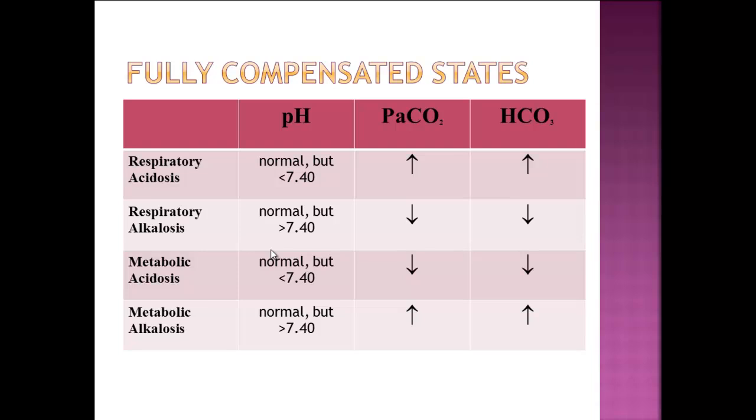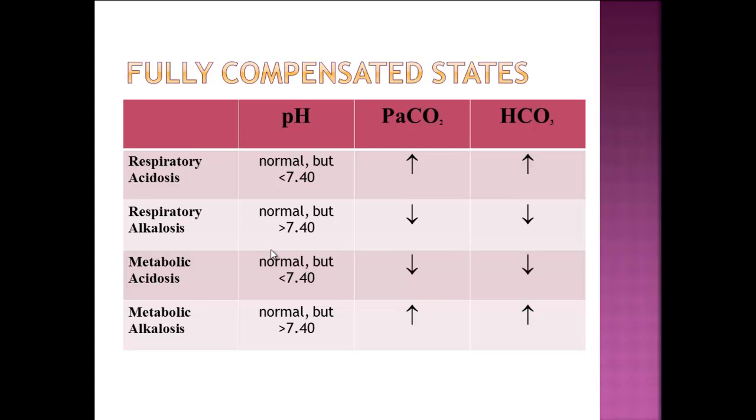It is metabolic then, and it was a metabolic acidosis before being fully compensated. Again, metabolic alkalosis, pH is now normal, but slightly over that 7.4 midline, and obviously with the bicarb also elevated, it clearly was a metabolic alkalosis.